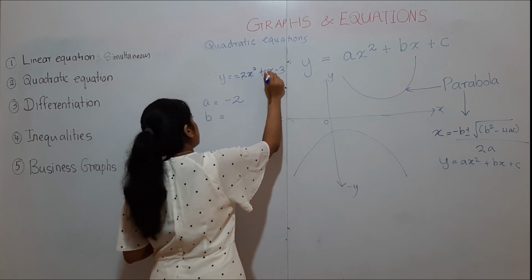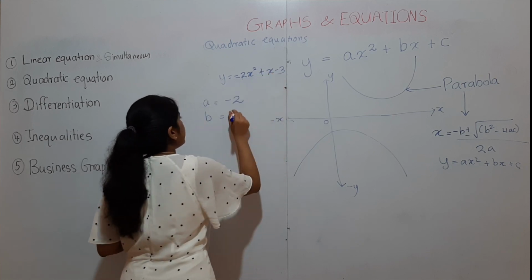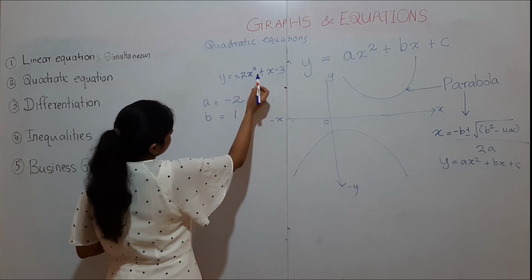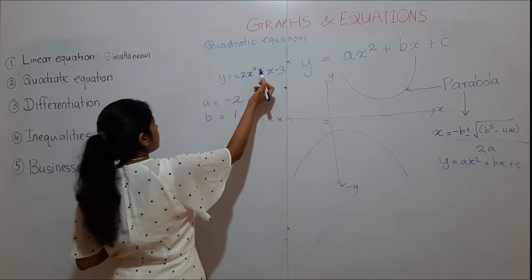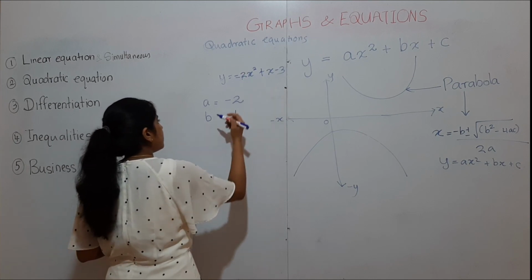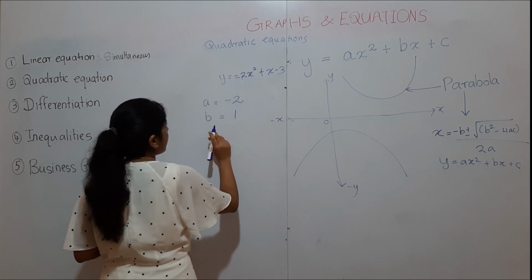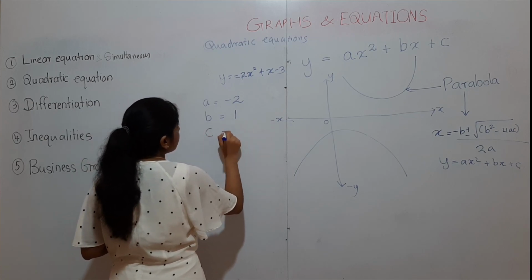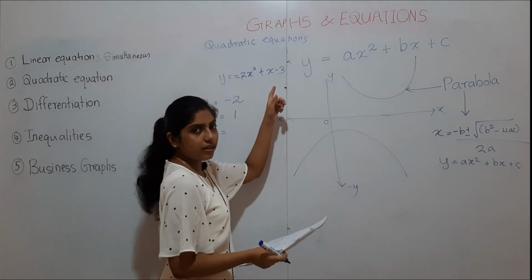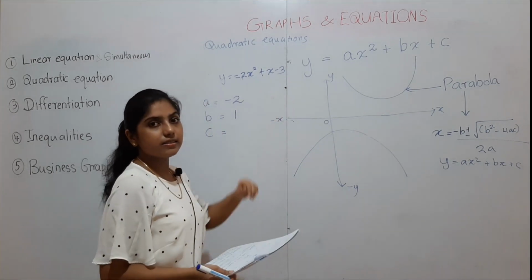Okay, that's how we assume. So, b will be equal to 1 because nothing is there at the moment. Therefore, we assume it is 1. Definitely it should be 1. And what is c? c is not simply 3, it is minus 3.